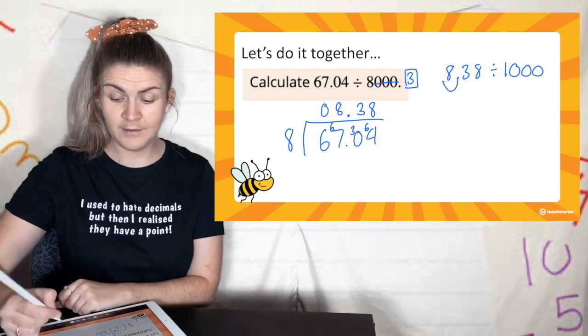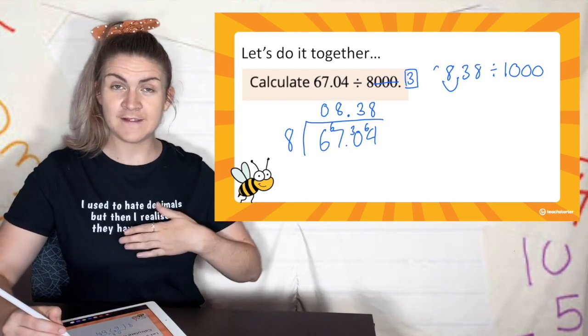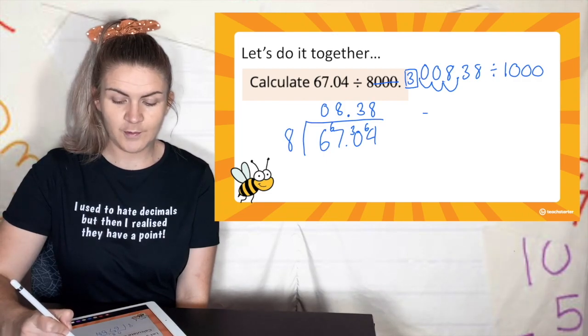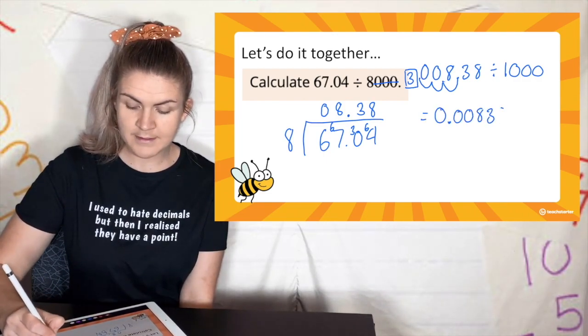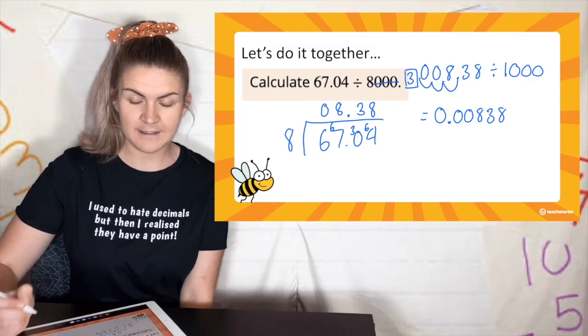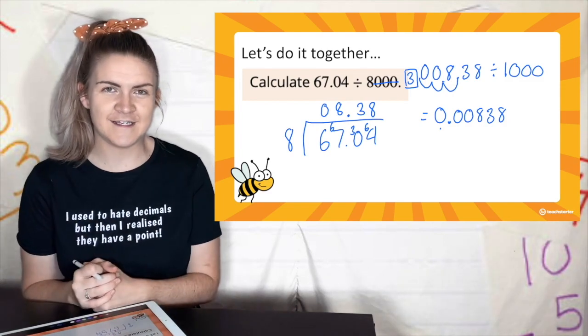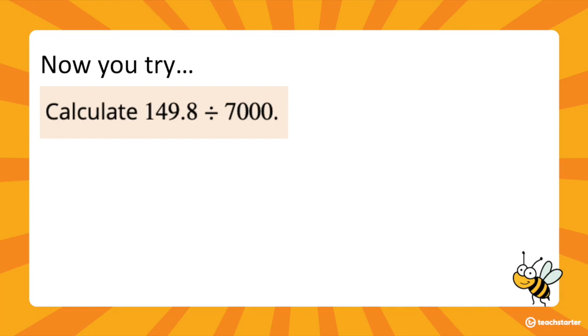For this example, I move this 1 and then I run out of numbers. But I know that there's an infinite number of zeros in front. So now I can go 1, 2, 3, giving me an answer of 0.00838. Remembering I'm putting that 0 in front so that people can easily see the decimal. You try dividing decimals by multiples of 10.